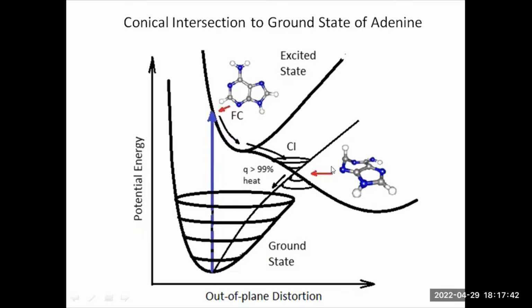So we get new vibrational states, which were not in the ground state geometry in the Franck-Condon region. And that allows us, because of this degeneracy in energy, to go from the electronic excited state to the electronic ground state through vibrational dissipation.